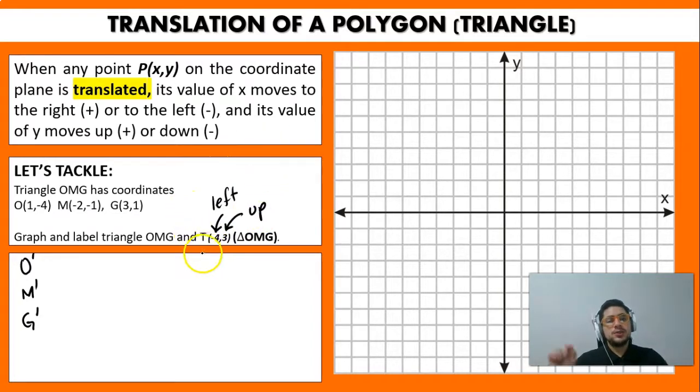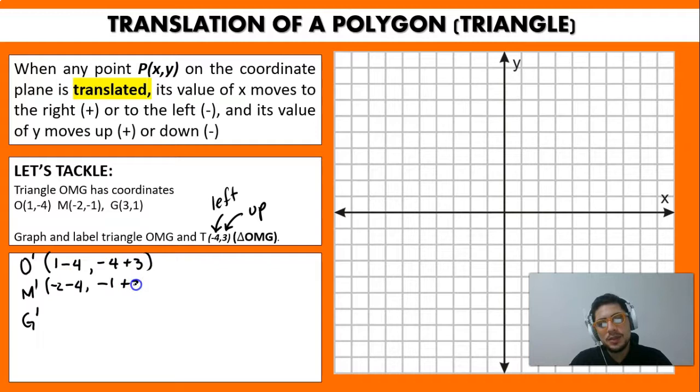So we're gonna subtract 4 to each value of x and add 3 to each value of y. Okay, so we have 1 minus 4, minus 4 plus 3. Here we have minus 2 minus 4, minus 1 plus 3. And on G we have 3 minus 4, 1 plus 3, right?